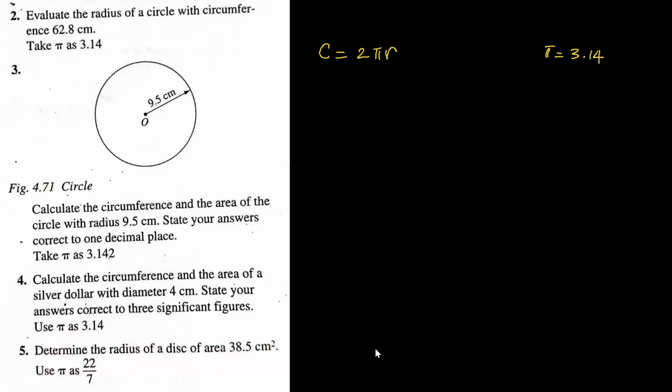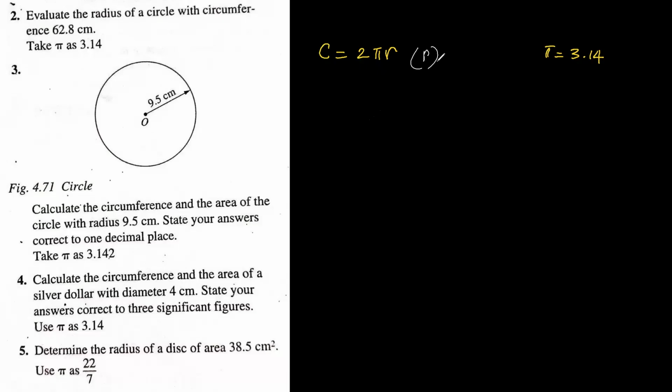They said calculate the radius of the circle with circumference 62.8. Take pi as 3.14. So here we are making r the subject of the formula, so I'm just going to put r in bracket.